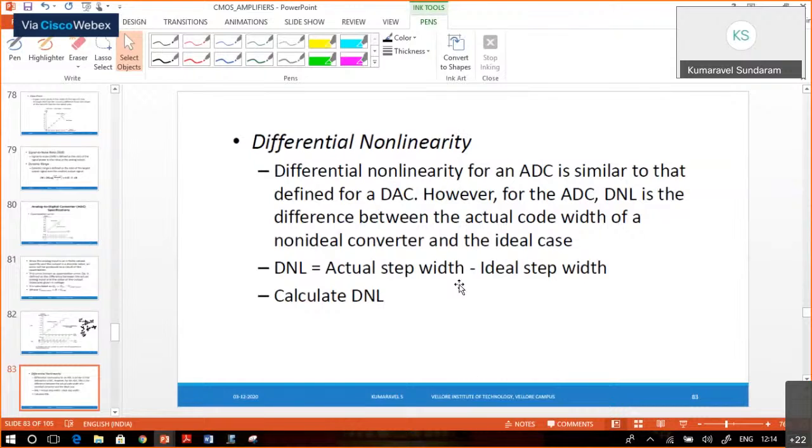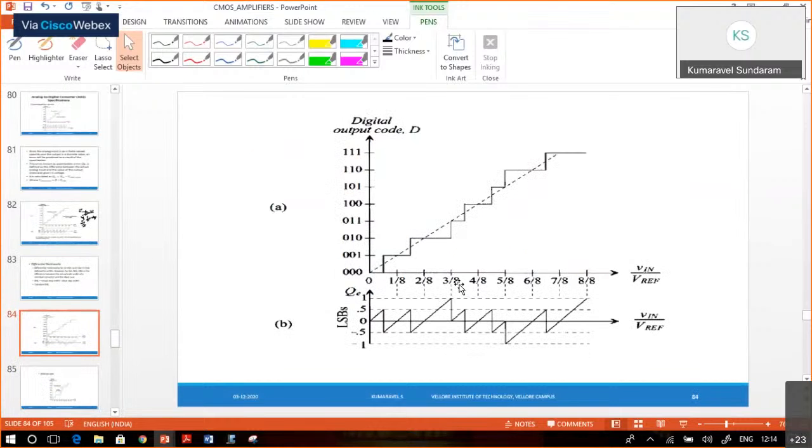Here it is width in the horizontal manner, whereas in DAC we got it in the vertical manner, right? So actual step width minus ideal step width, from that we can calculate the DNL. Okay, so this is the characteristic of a 3-bit ADC. Fine. So the quantization error plot is shown below.